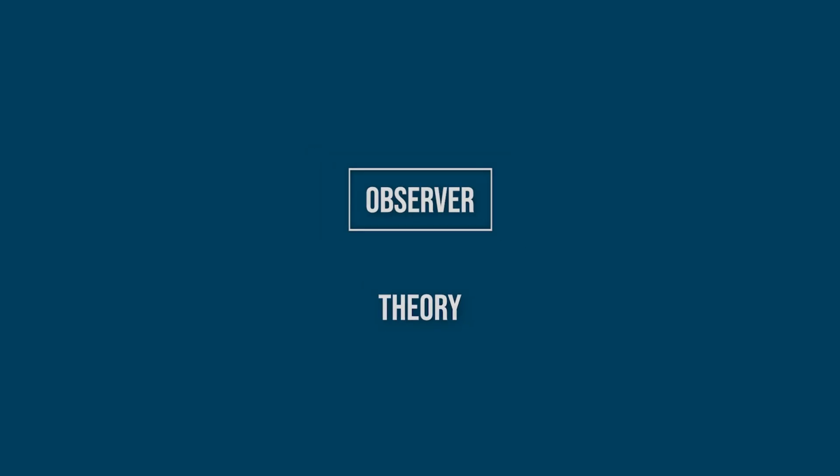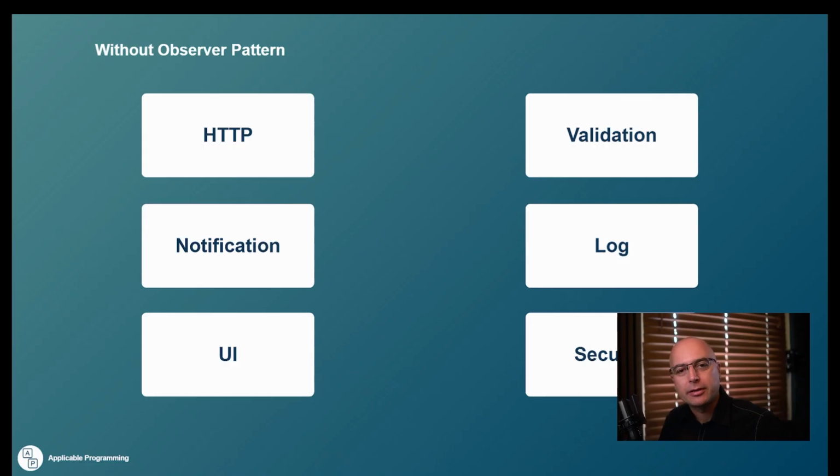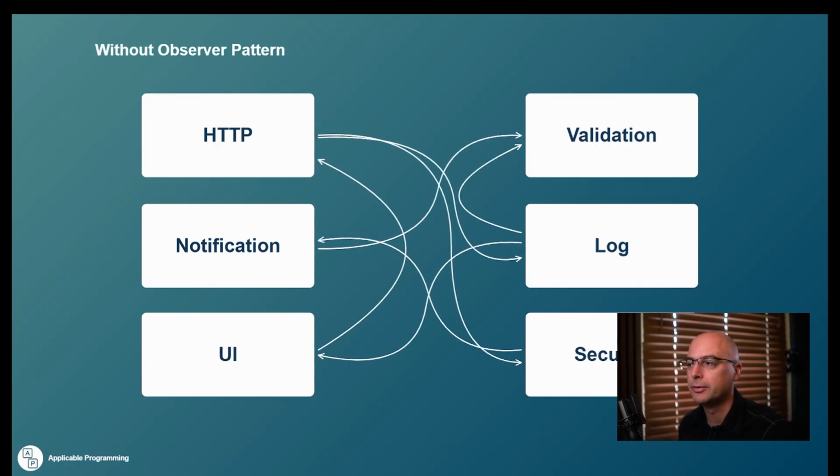Let's see the theory behind the observer design pattern, how it actually works, well, conceptually, and what problems does it solve. So in our previous example, we had 6 modules that need to cooperate. So if we call one module from the other, we can quickly see how we are coupling them very tightly, meaning that one module will depend on some other module, and it won't take long before all this becomes a mess.